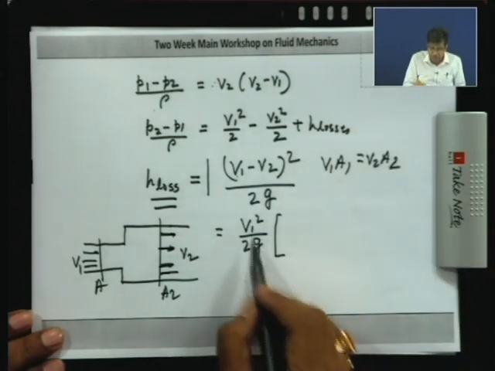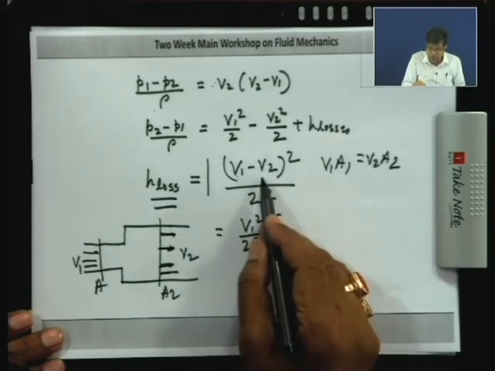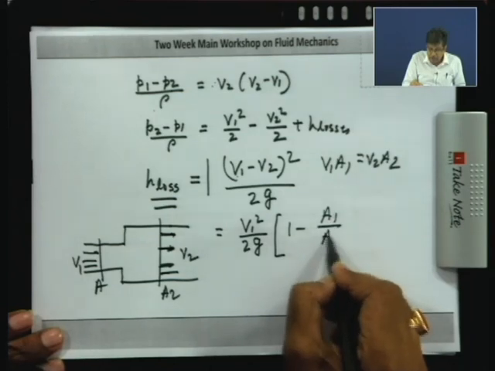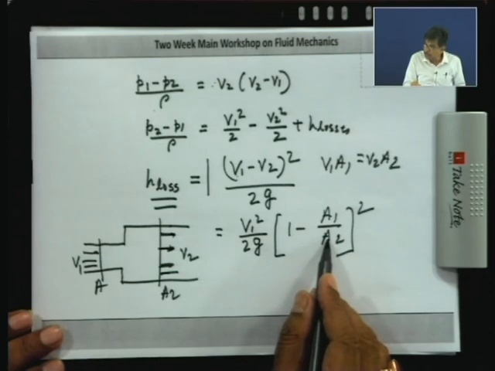That means, V1 square by 2g, or we write V1 A1, that V2 is A1 by A2, 1 minus A1 by A2 whole square. So, in terms of this also we can write.